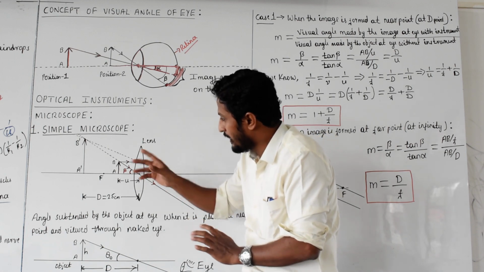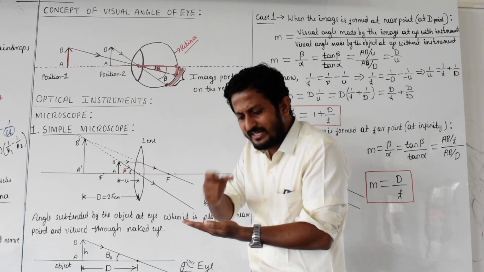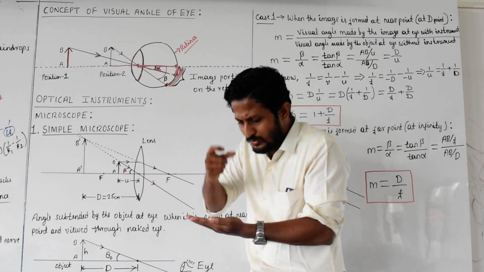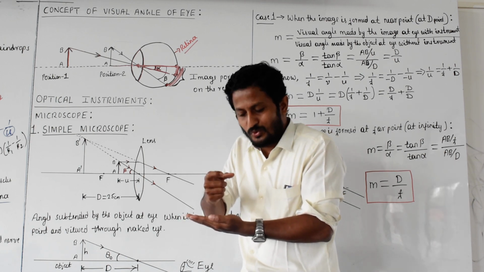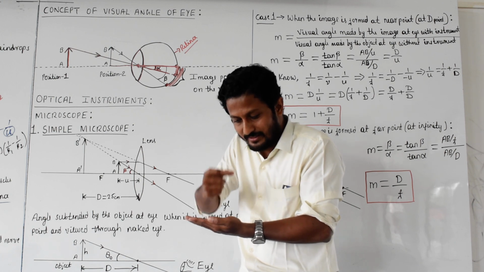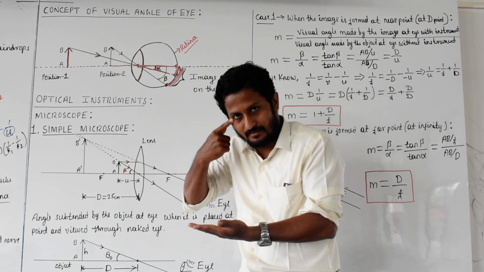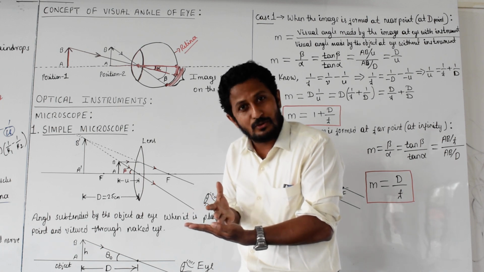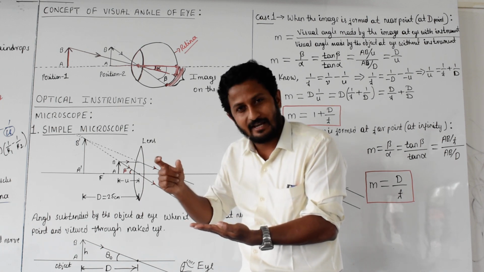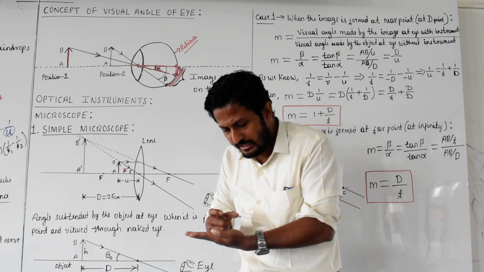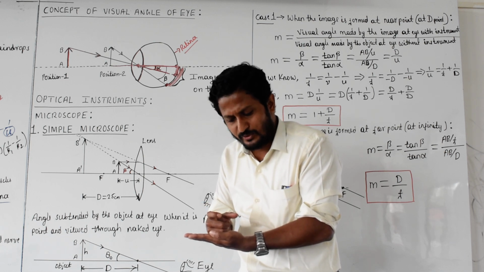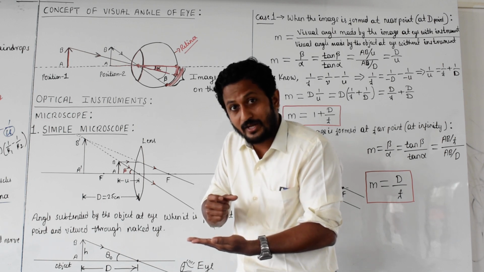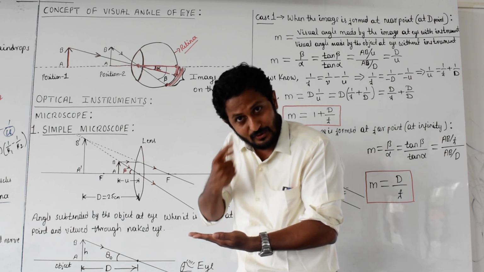Now, I said you are doing like this. What are you doing here? Your eye is here, the object is here, and you are not able to get a clear image. You take the lens, holding it somewhere like this, and watch through it. You will not get a clear image. So you take it up, close to your eye.